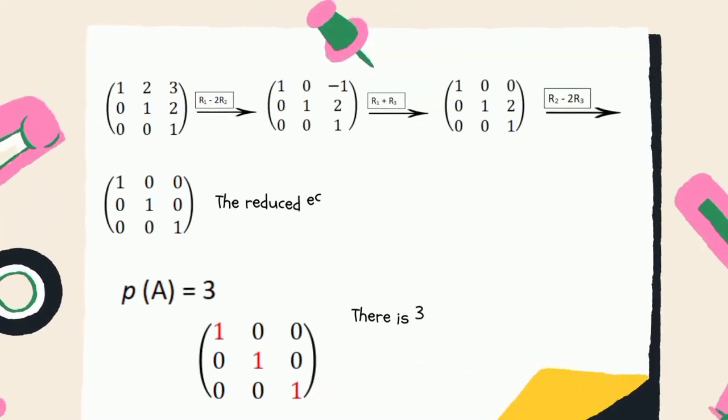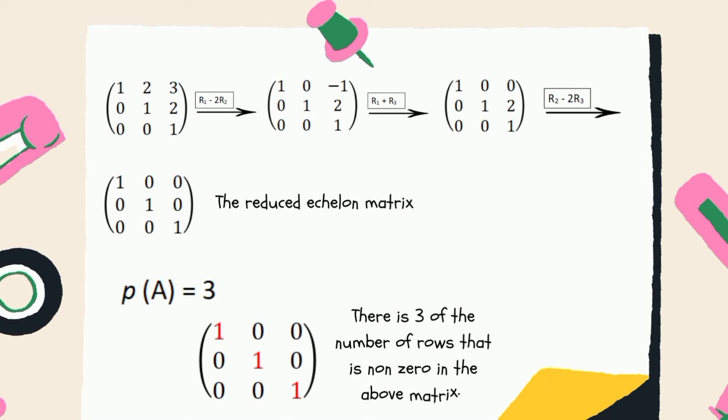Next, solution for reduced echelon matrix. Continuing from part A, row 1 minus 2 row 2. Row 1 is referred to I, negative 2 row 2 is referred to J, so we need to change at row 2. So we will get 1 0 negative 1 0 1 2 0 0 1. Next, row 1 plus row 3.